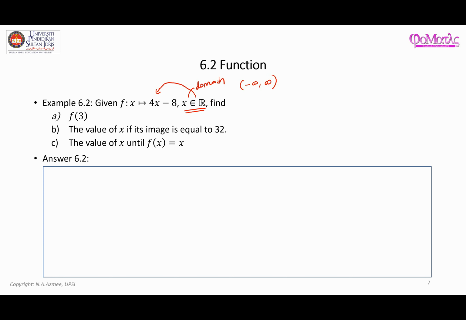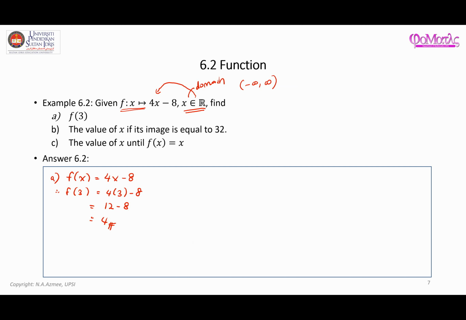It can be an integer, it can be a decimal, it can be whatever you fancy. Now the question is asking you to find f(3). For question A, I'm going to change this notation to what I am familiar with: f(x) is equal to 4x minus 8. Therefore, f(3) is equal to 4 times 3, substituting 3 into x, minus 8. So 12 minus 8, and the answer is 4.